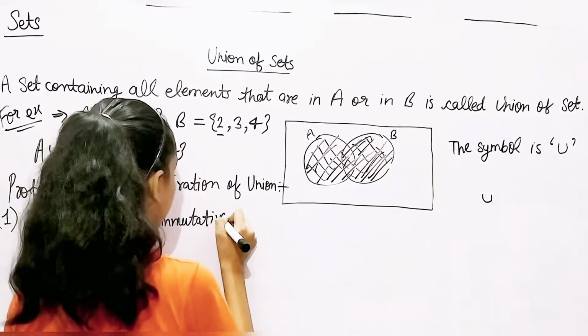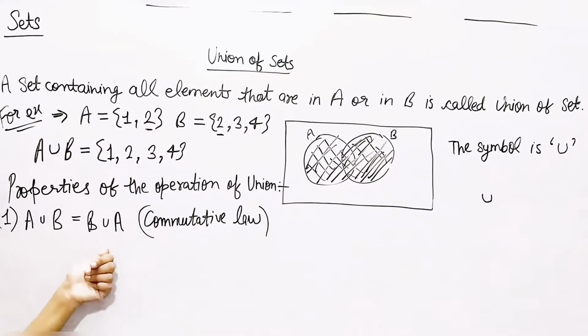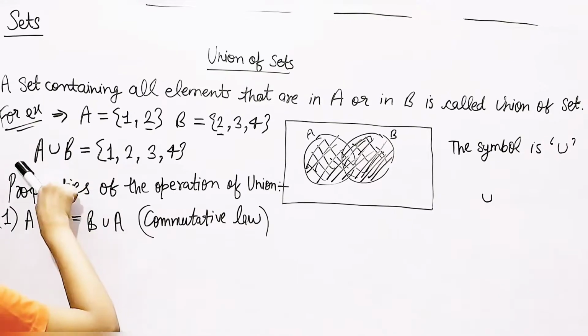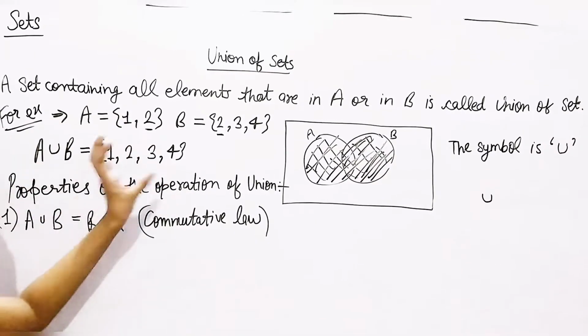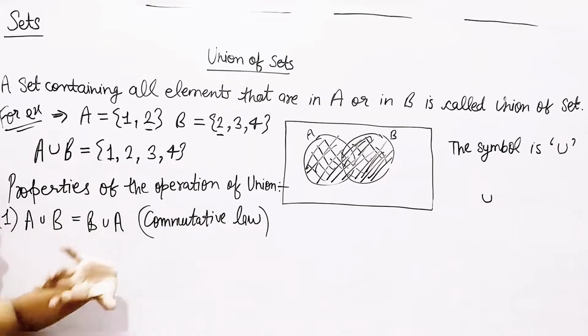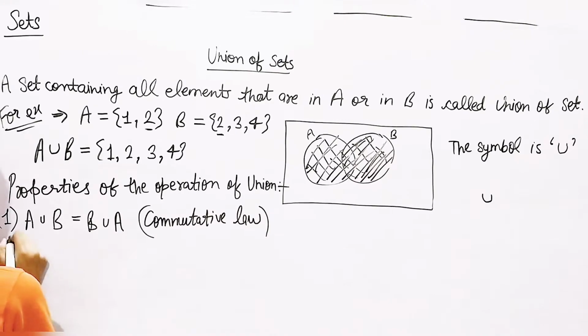It's true by the commutative law that A union B is equal to B union A. So if A union B is equal to the elements 1, 2, 3, 4, then B union A will be exactly the same.